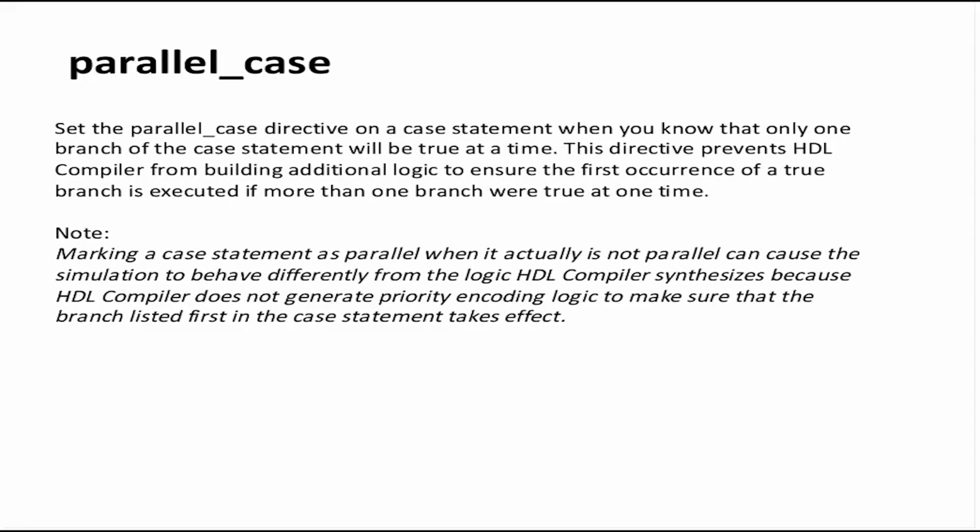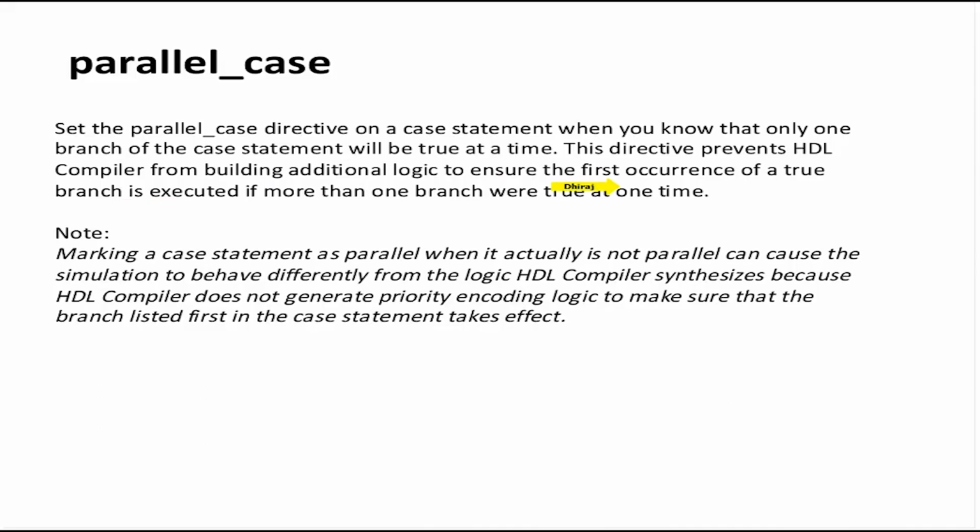Parallel case tells DC something too. If you do not use a parallel case and you have a condition where more than one case can be true, then DC will make priority logic, building additional logic to ensure that the first occurrence of a true branch is executed if more than one branch is true at a time.